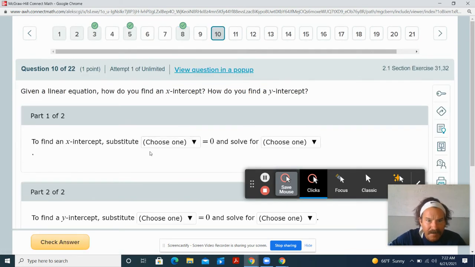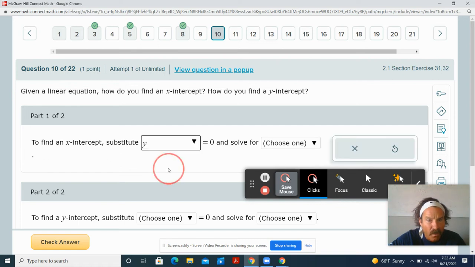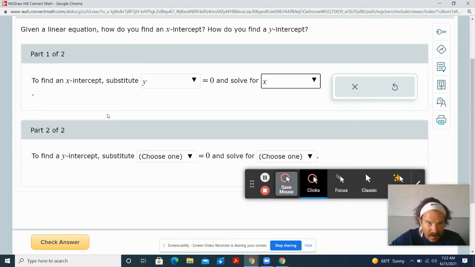All right. Okay. So 10 talks about what I was just speaking about: x-intercepts and y-intercepts. So to find the x-intercept, you always set y equal to 0 and solve for x. You're always setting the other one equal to 0.